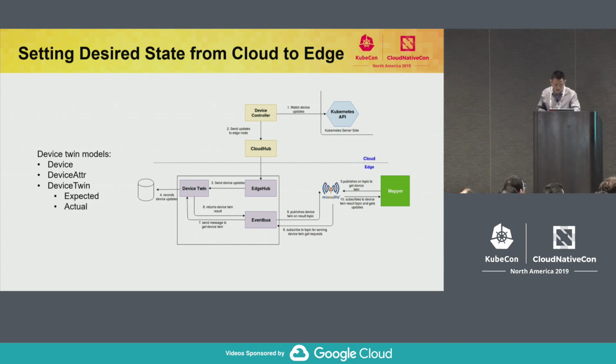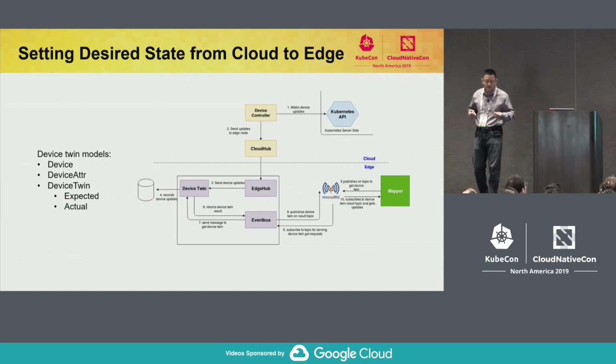So that's step 5 to broker, 6 to the event bus, and event bus pulls from the device twin. And that information then comes back, and the subscriber gets this information through mapper. And by this point, device knows it's expected to be in the active state, and that's when it happens.